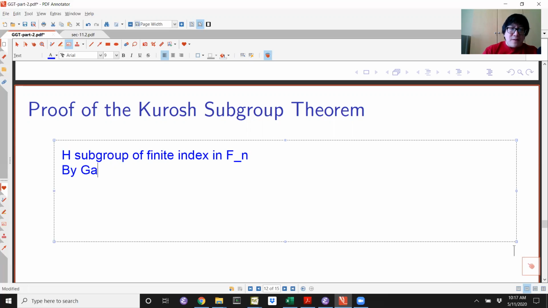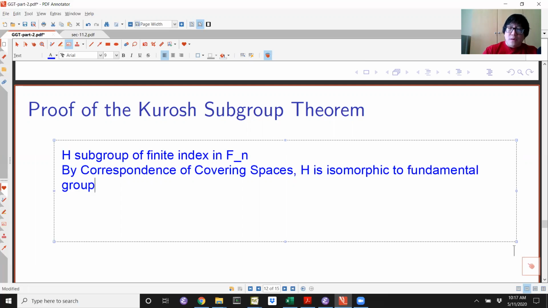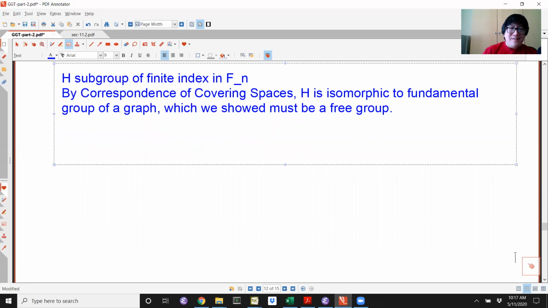By the correspondence of covering spaces, H is isomorphic to the fundamental group of a graph, which we showed must be a free group. Somehow that wasn't exactly what I planned, but I think it's kind of cool that it turns out to be a two-sentence proof that we fit into one minute.